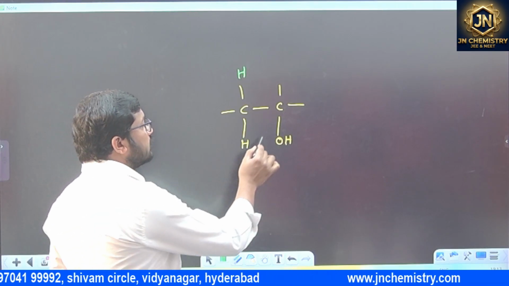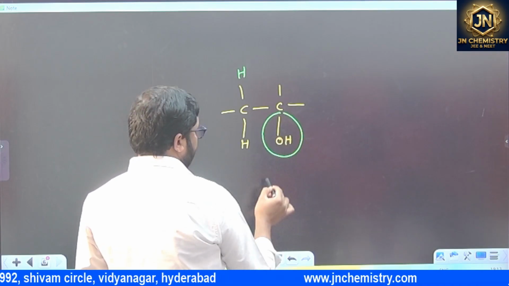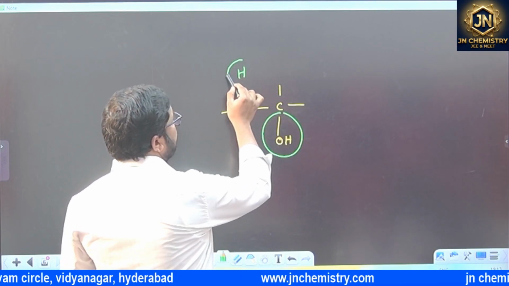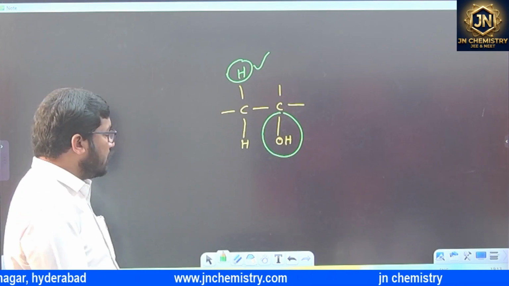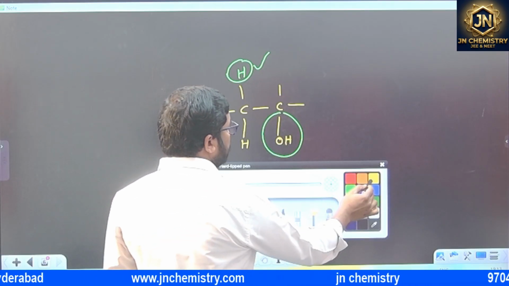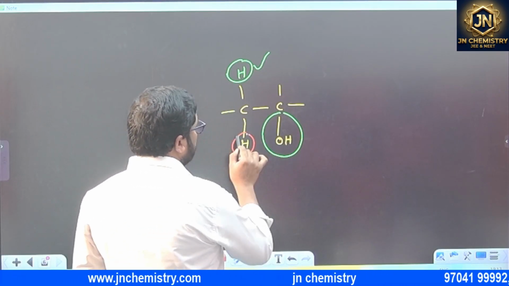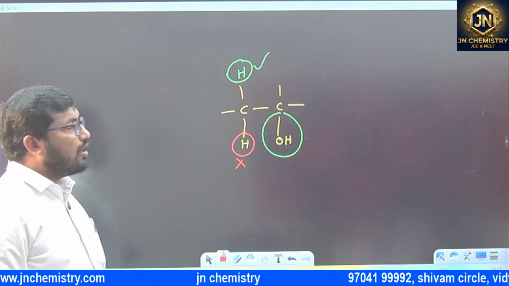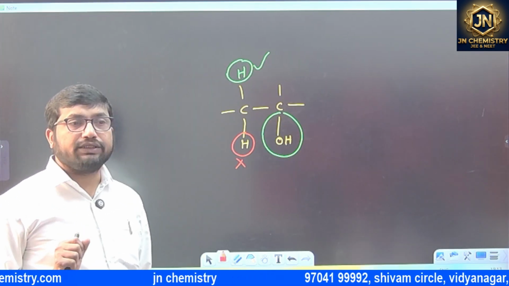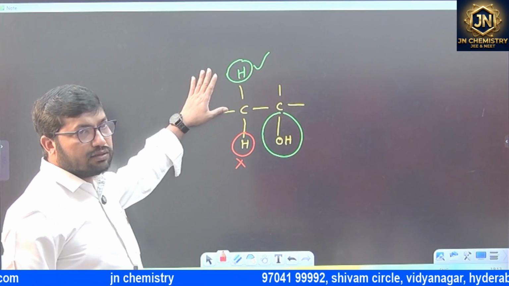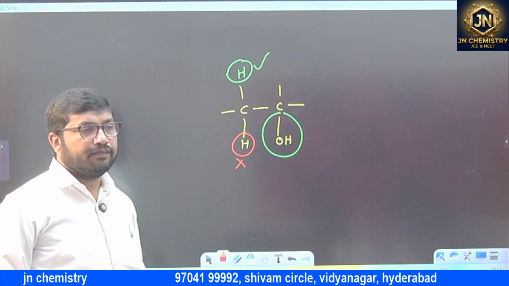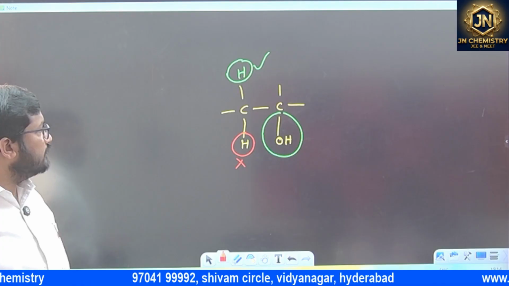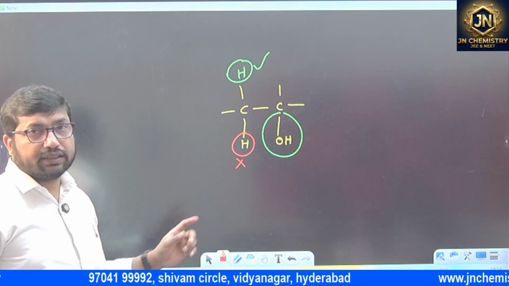Along with this OH, this H plus is going out. Both should be in the anti position, but not this hydrogen. Write it down. Always, whenever we are doing elimination cases, it should be the opposite direction, the anti position. A lot of times they ask this type of question.